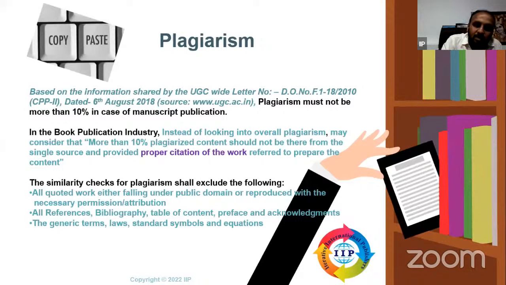Now, what are the types of sources where we can take content, and how should it be cited? There are different types of sources we need to refer to while preparing a book.